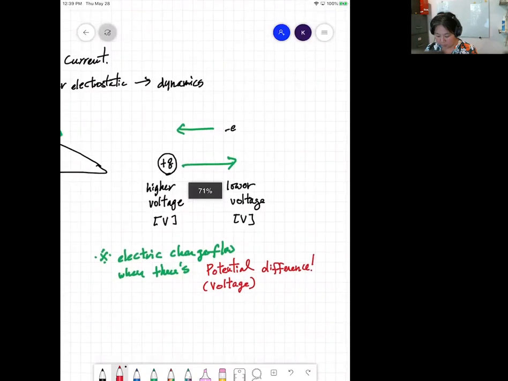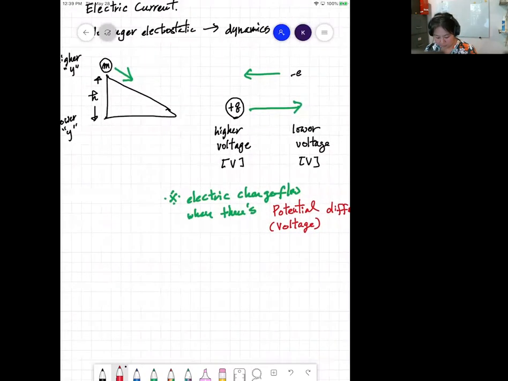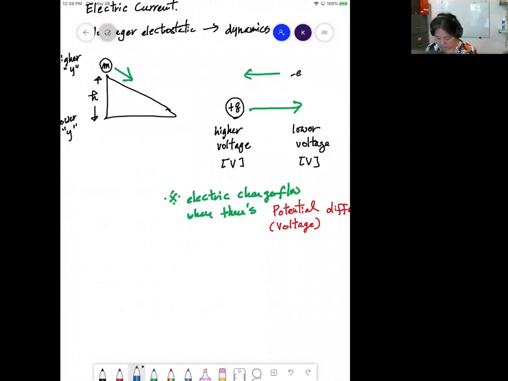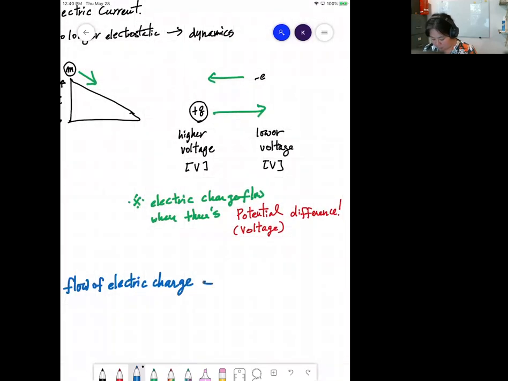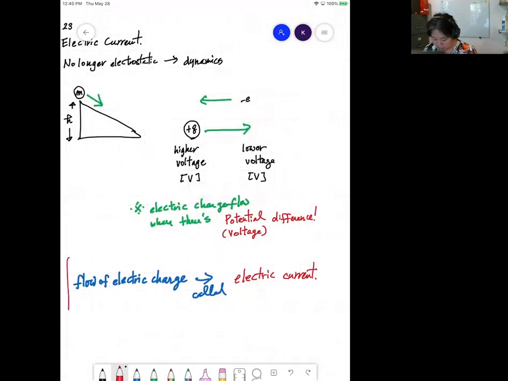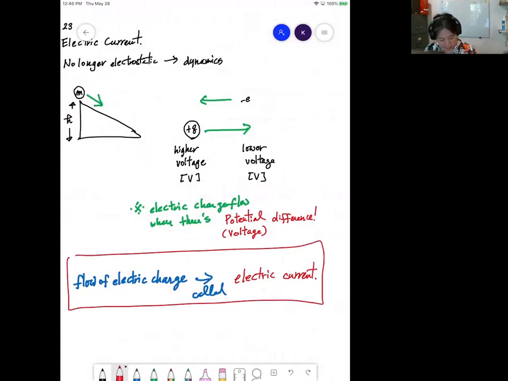And this flow of electric charge is called electric current.